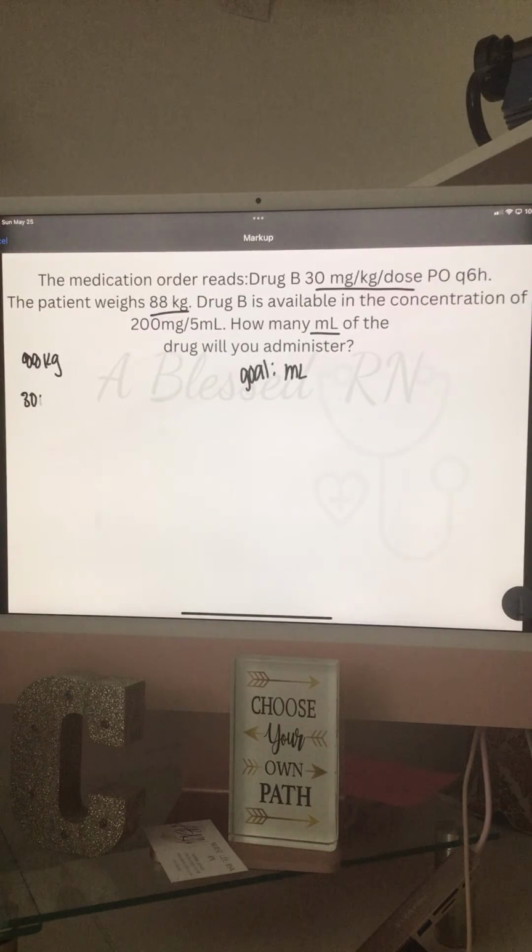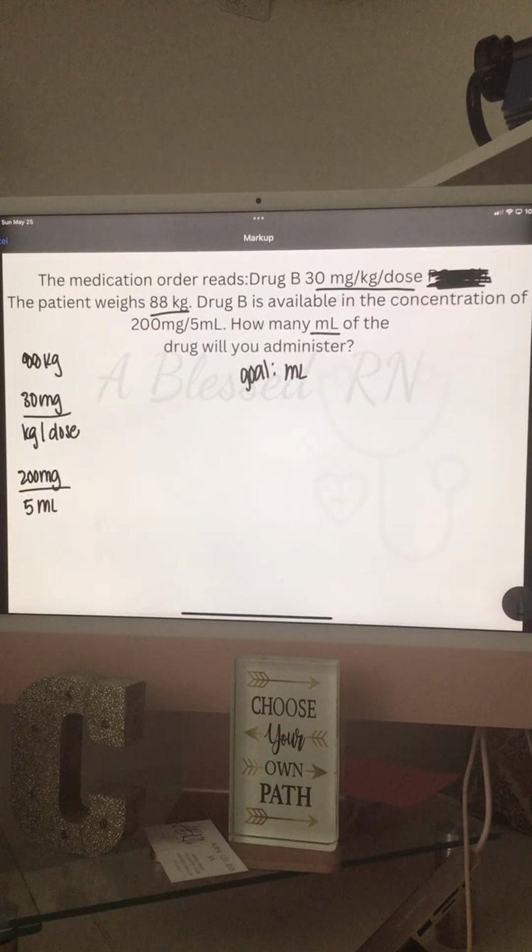We've got 30 milligrams per kilogram per dose, okay? So is it asking us for milliliters for the whole day? No, it is not. So therefore, we don't need this part, which is the frequency. That's how many doses are in the day. If it's not asking you about the amount for the whole day, you're not going to need it in this case, okay? And then we've got 200 milligrams per 5 ml, okay? So those are all of our puzzle pieces. How are we going to start this puzzle?